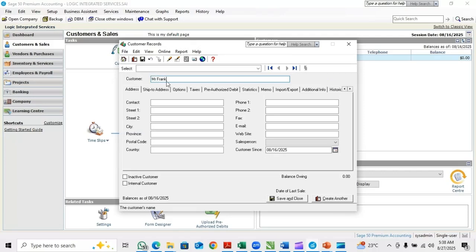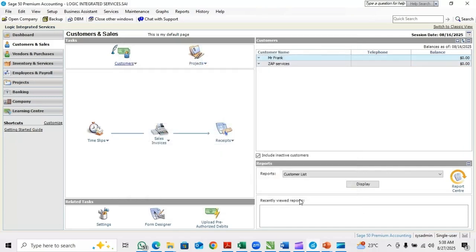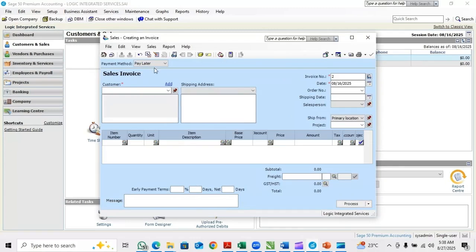Frank is the customer, and that is sales invoice, and this invoice is going to be a pay later invoice because we only send a bill. Mr. Frank has not paid for that particular transaction, job completed, but he has not paid for the transaction.